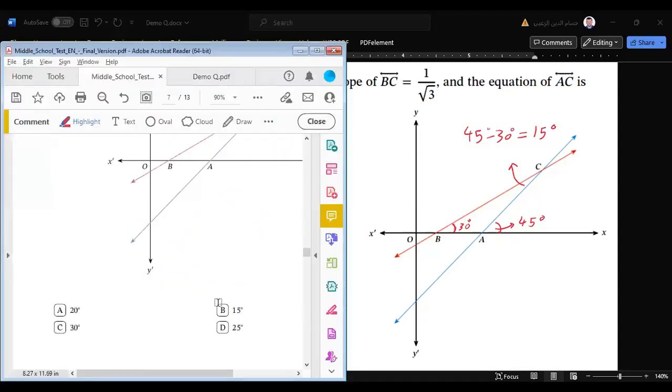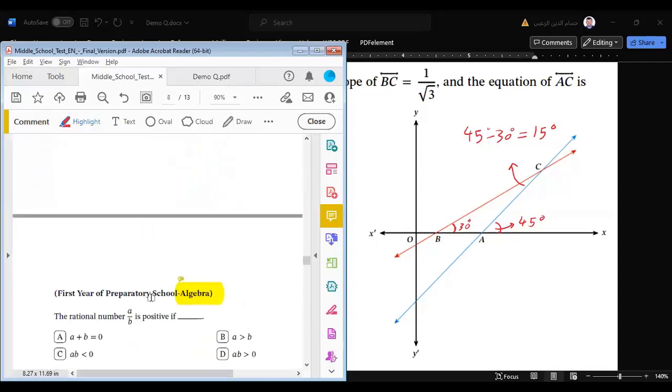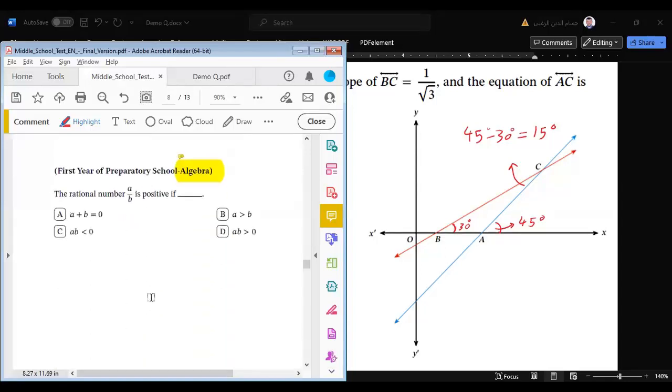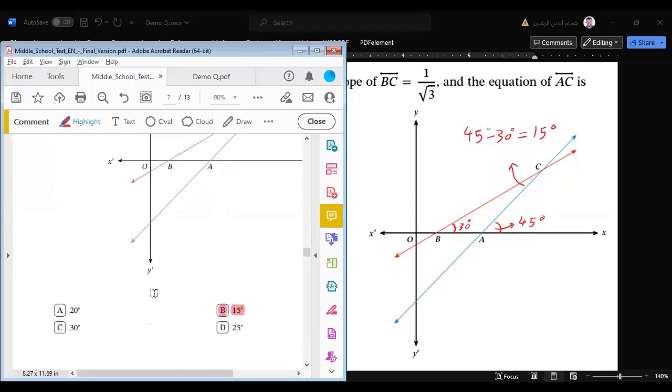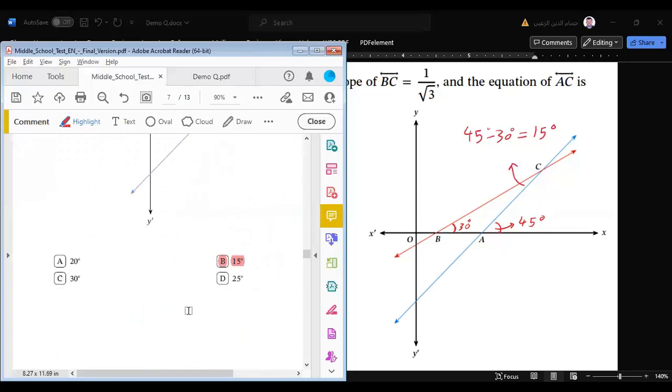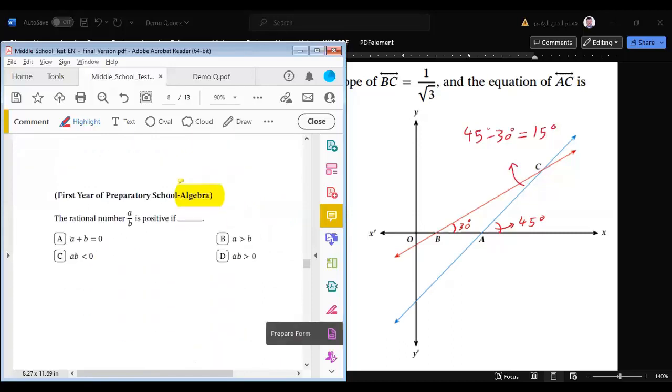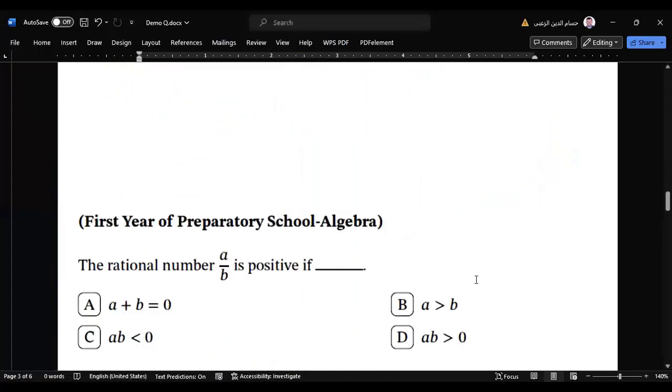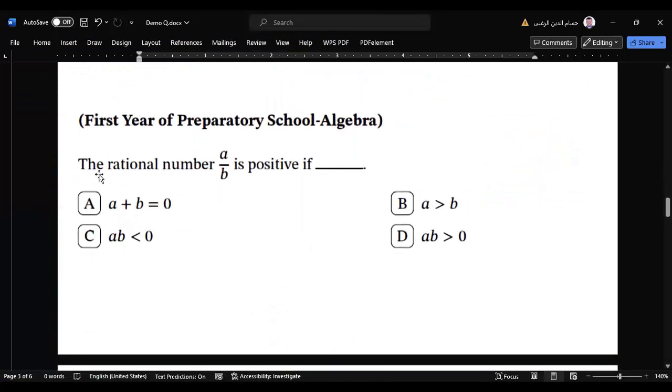Let's go and take 15. Next question. Here he says that the rational number a over b is positive if... Okay.